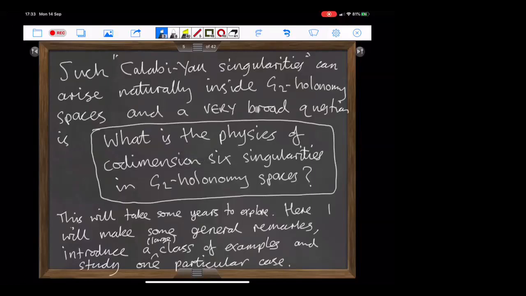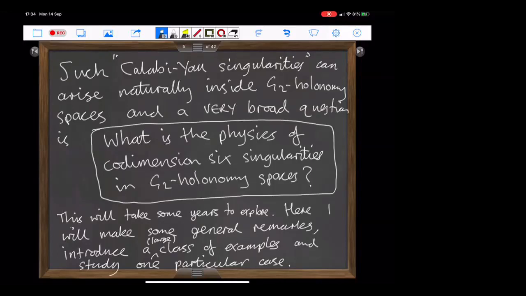Now, the question that I want to ask, which probably will take several years to understand properly, but it'd be good to embark on now, is: what is the physics of a codimension 6 singularity inside a G2 holonomy space?